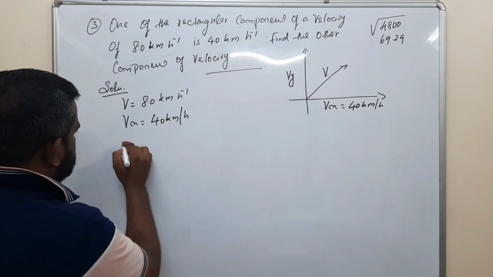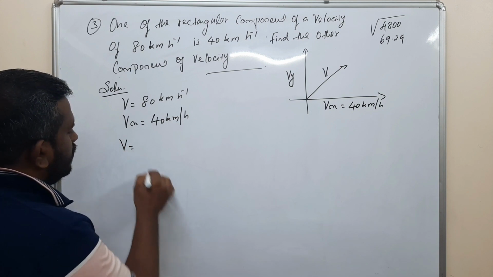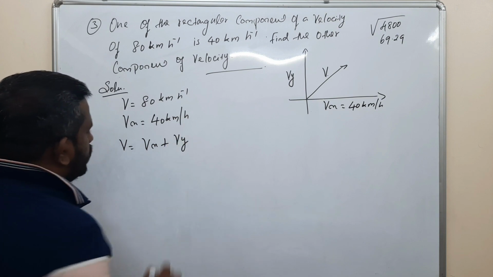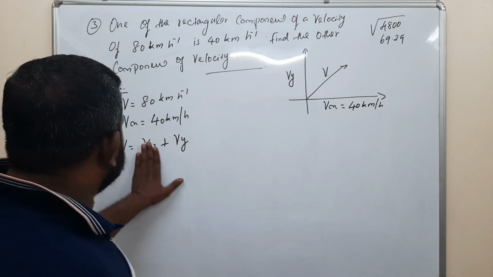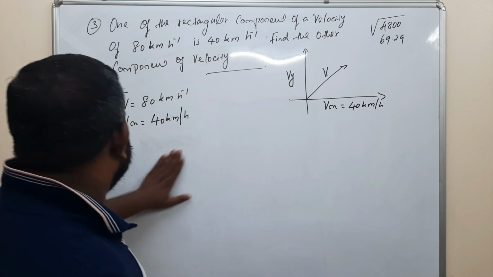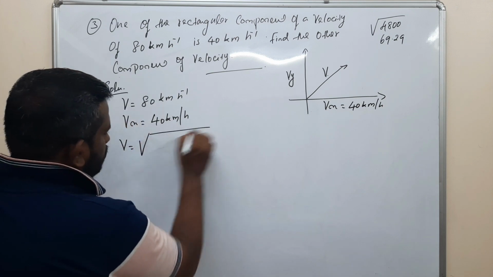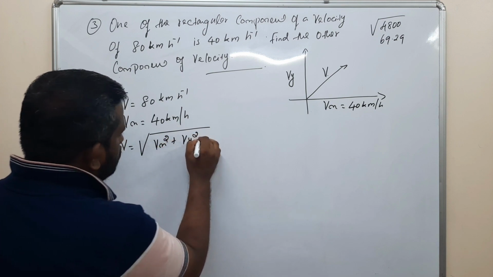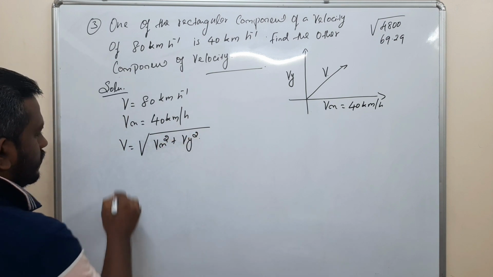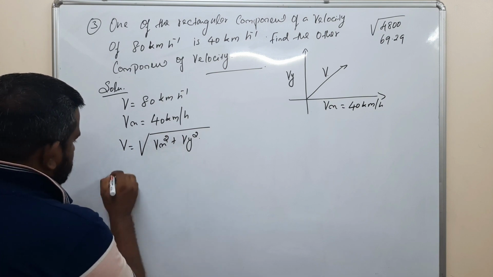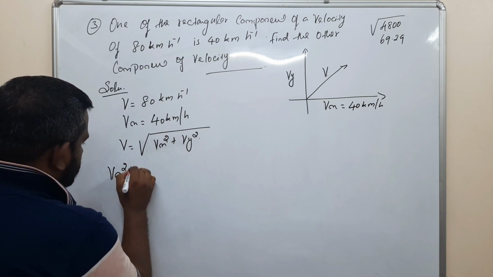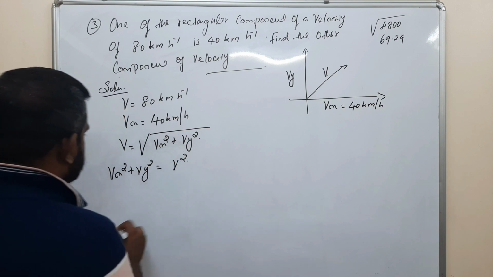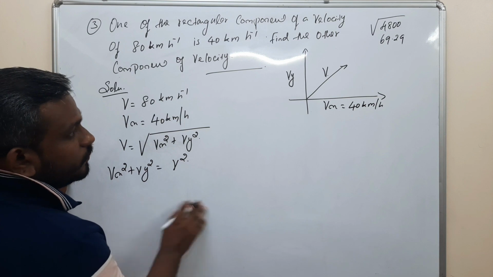So V is equal to square root of Vx square plus Vy square. From this, Vx square plus Vy square is equal to V square. So we have to find Vy.